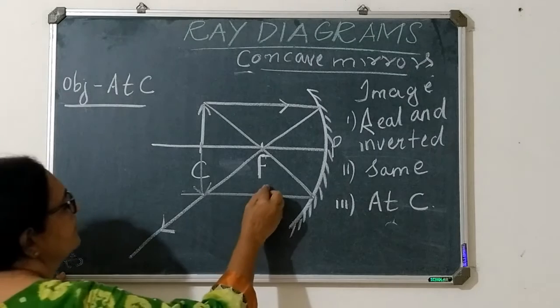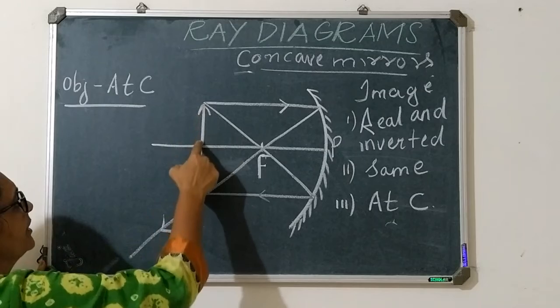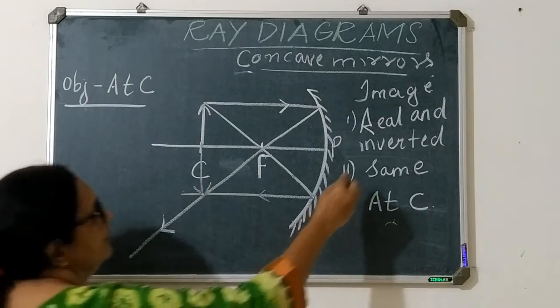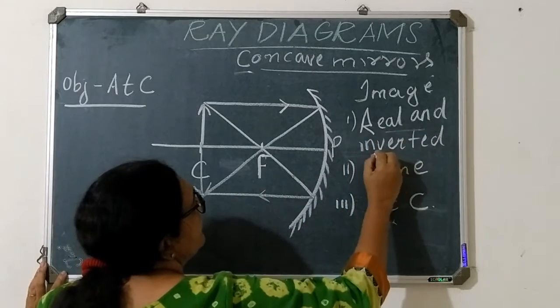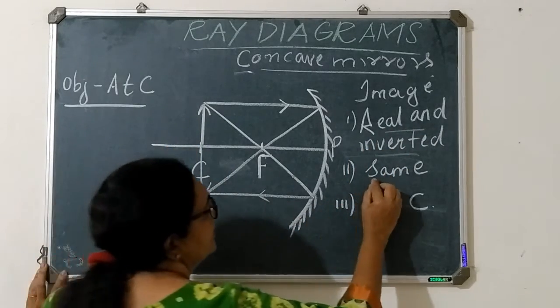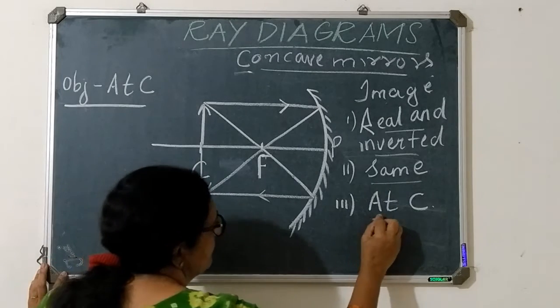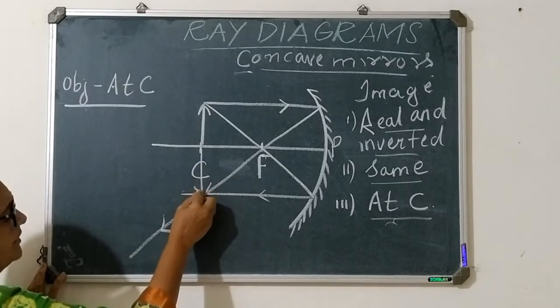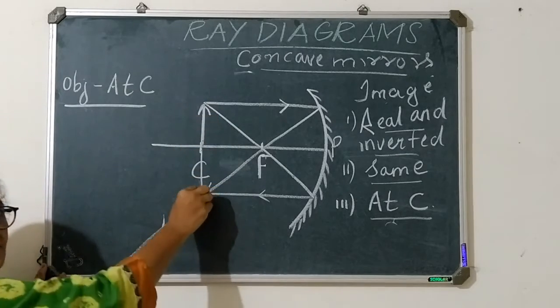Okay, so this is the image that is formed when the object is at center of curvature. So image will be again real and inverted. The size of the object and the image will be the same, and the image will be formed at the center of curvature. જ્યાં object છે ત્યાં જ image બનશે.